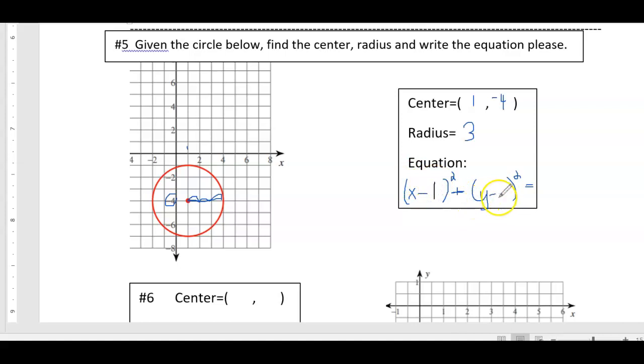Then my y is negative 4, so you write the -4, and then I know that has to be a plus plus, right? So I can do that. And then my radius squared. So my radius was 3, so 3 squared. 3 squared is 9. So I'm going to put a 9 right here. There you go. Try number 6.